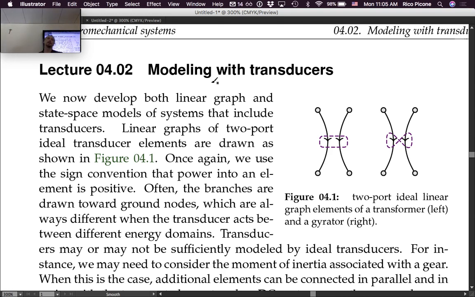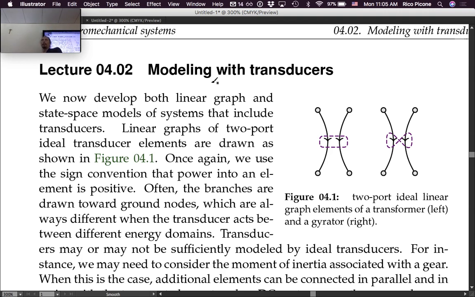The two examples we used were the DC motor and the gears, right? The DC motor converted electrical energy to rotational mechanical energy, and the gears changed the form of the energy in a rotational mechanical system within a single domain.